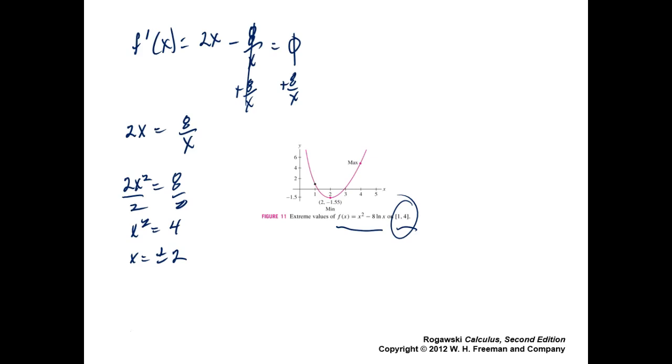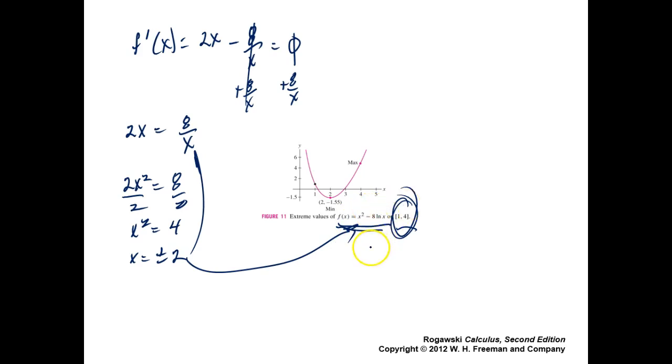Except that 2 is in this interval, negative 2 is not. But look at our original function here: x squared gives you no problems at all, it's defined for all real numbers.